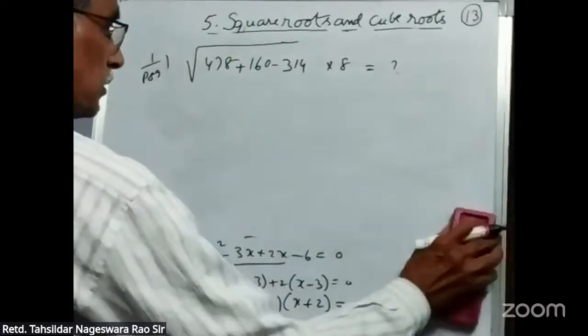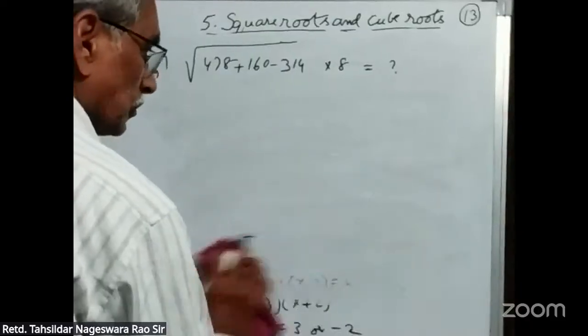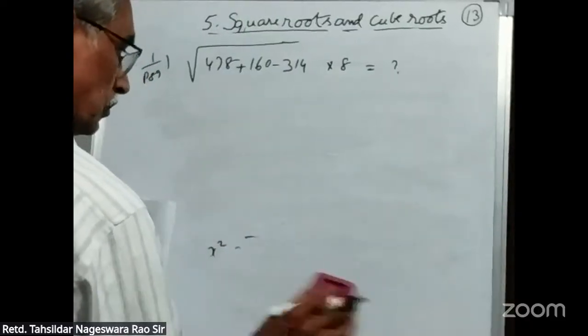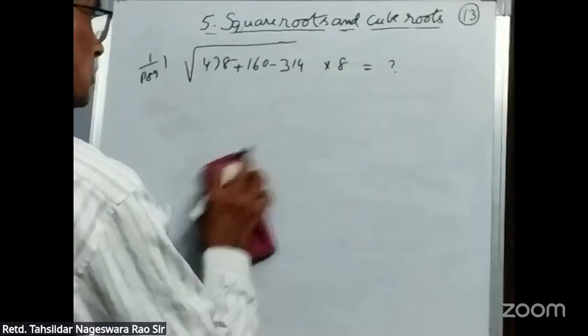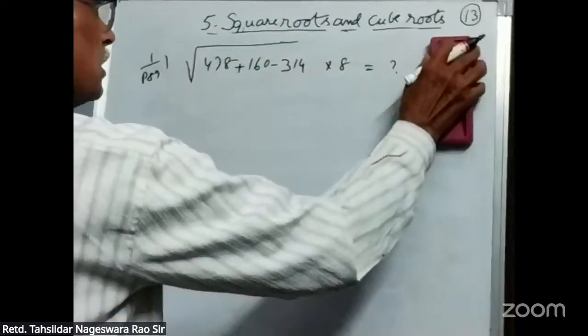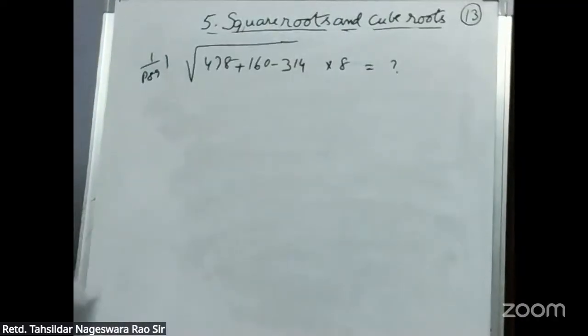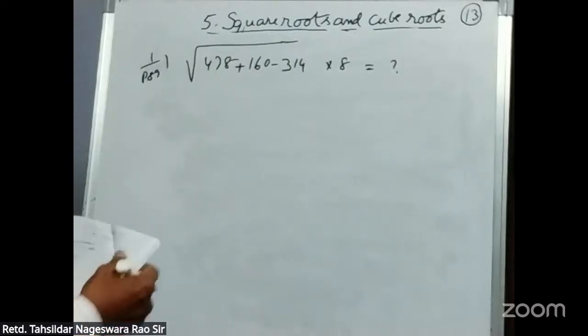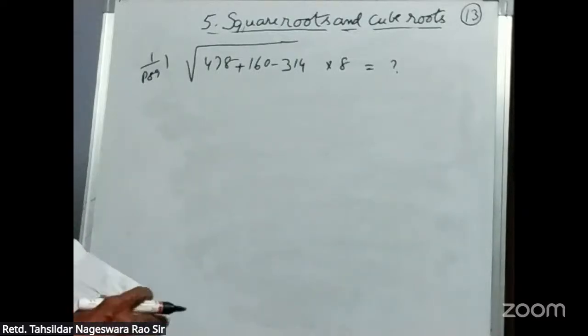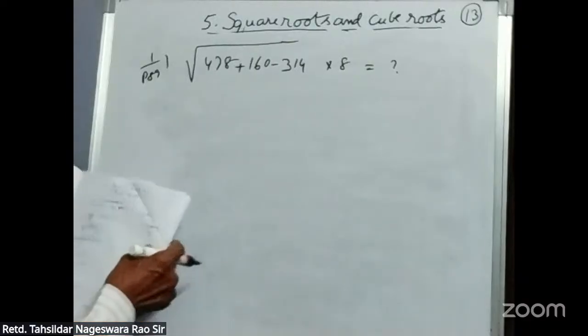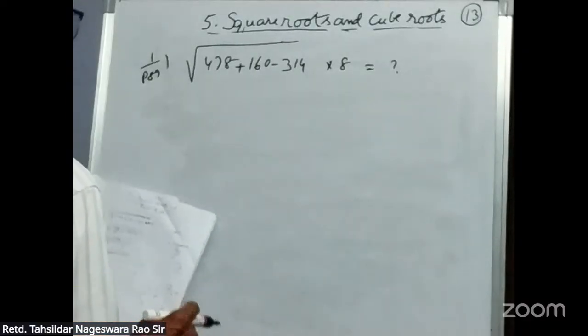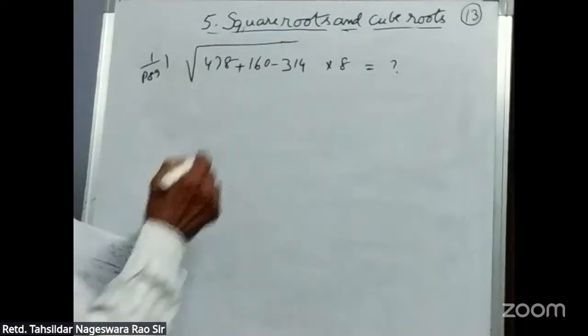Again, simplifications. This is from the simplification chapter and the square roots and cube roots chapter. The question may be in two or more chapters. How to find out this one?